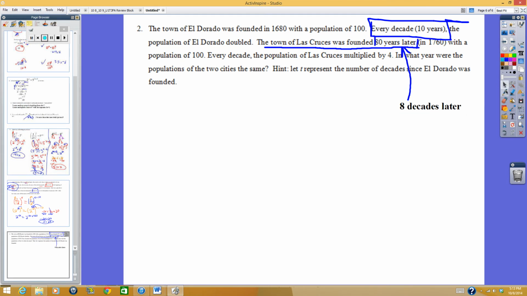So 8 decades later, with the population of 100. So, did they tell us? Oh, I missed this word completely. The population of El Dorado is doubling. Okay? Let's see, El Dorado was 2 to the x power. You know what, guys? Hold on.